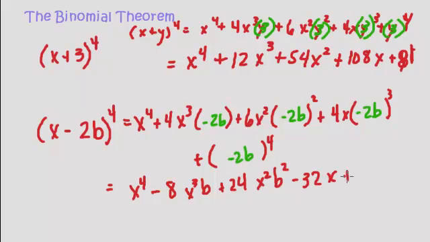And then I'm going to have plus 2 to the fourth, negative 2 to the fourth rather, is 16b. Oh, I forgot my b cubed. Get in there, little boy. Alright, and then b to the fourth. All done. And that's all there is to it. Of course, if x were something other than x, you would just replace x, just as I've done y. It's really similar.